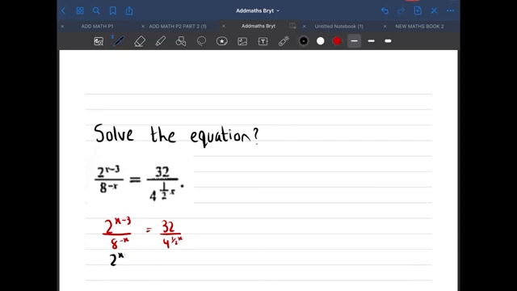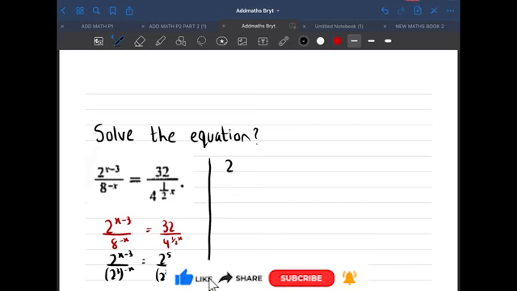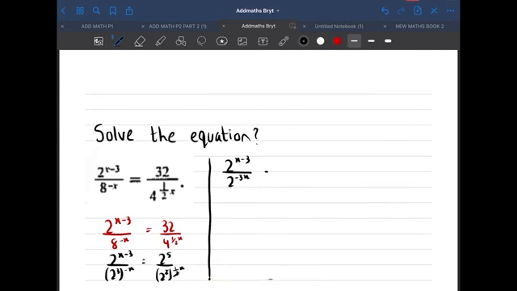Yes. 2x minus 3, 8 can be written as 2 cube minus x is equal to 2 power 5, 2 square 1 upon 2x, right? I can cancel this 2. So now it's going to become 2x minus 3 divided by 2 minus 3x is equal to 2 power 5 divided by 2 power x.